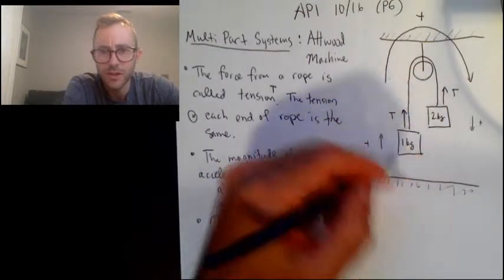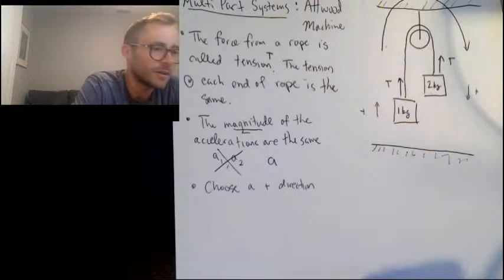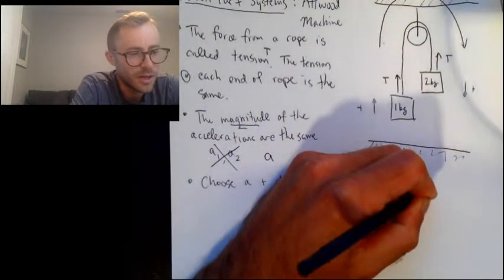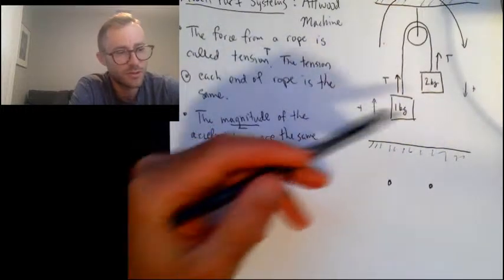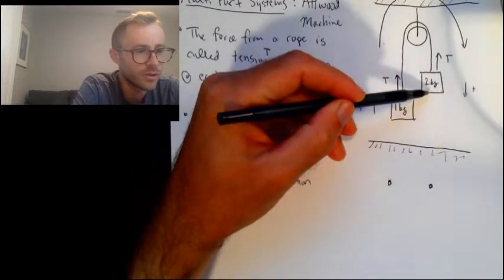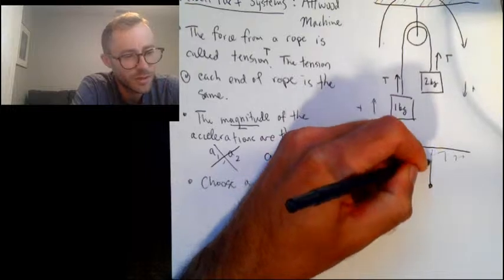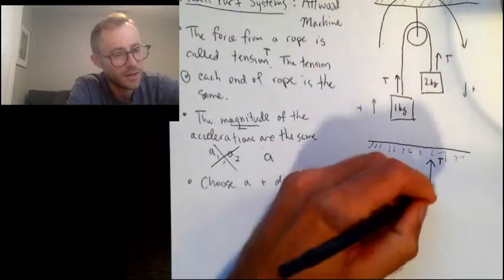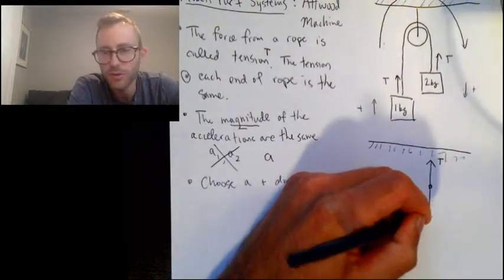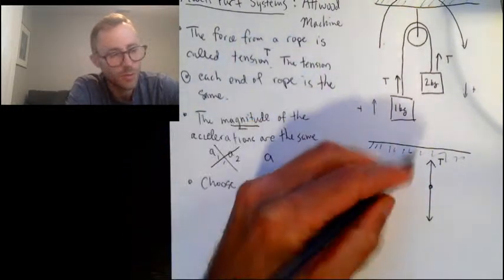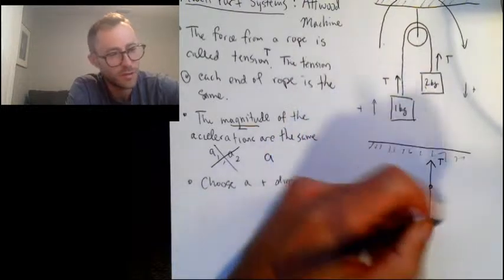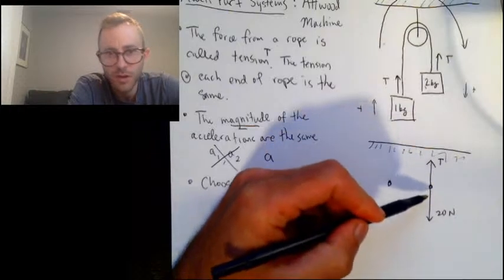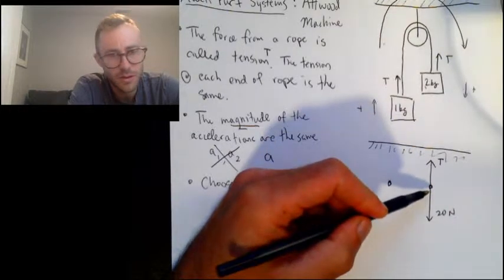Let's do a free body diagram for each of these masses, okay? For the 2 kilogram mass, it has tension pulling it up, and it has weight force pulling it down. The weight force is m times g, 2 times 10, 20 newtons. Notice how I'm drawing this.